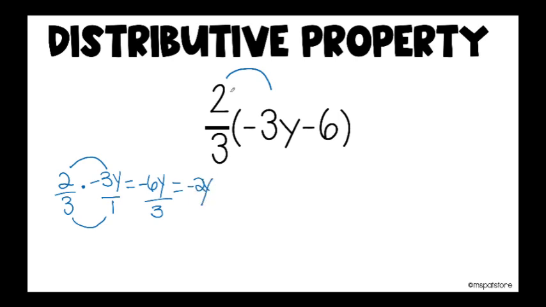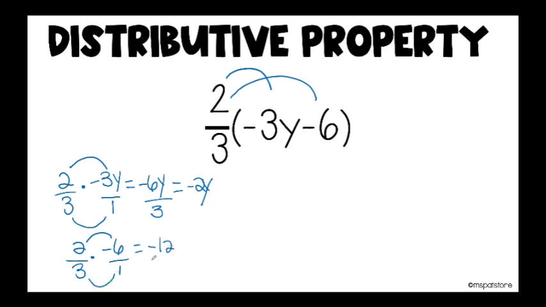Now I'm going to multiply 2/3 times negative 6. 2/3 times negative 6. Invisible 1 as a denominator, as you might already know. 2 times negative 6. In this case, as they have different signs, my answer will be negative 12.